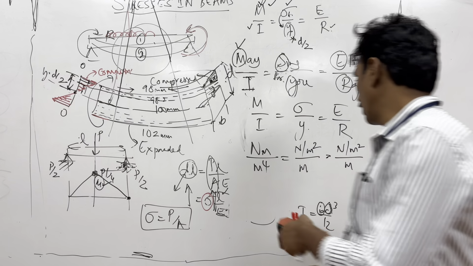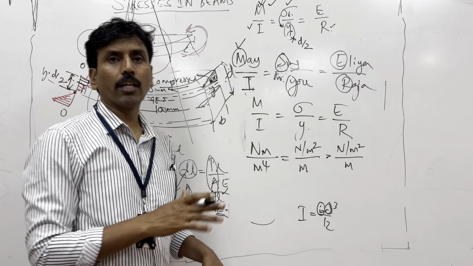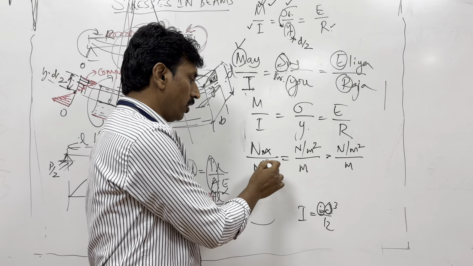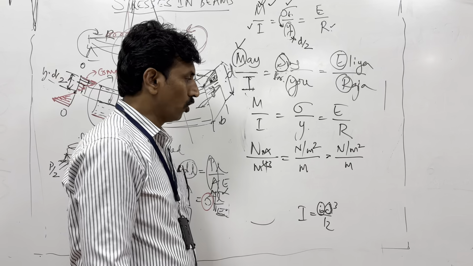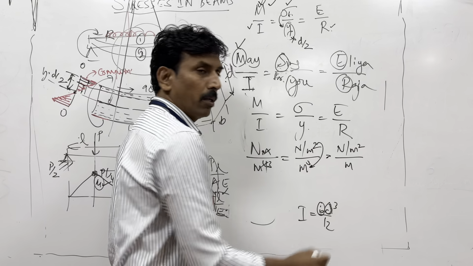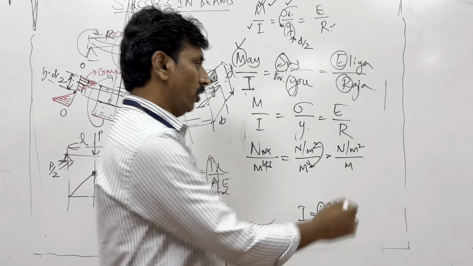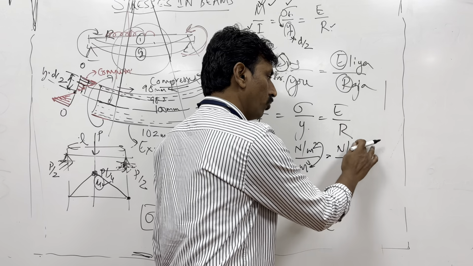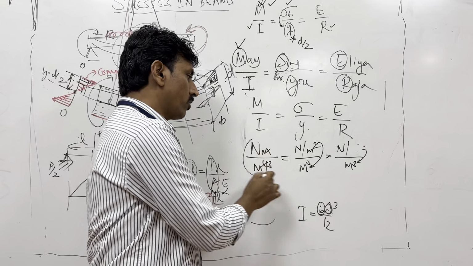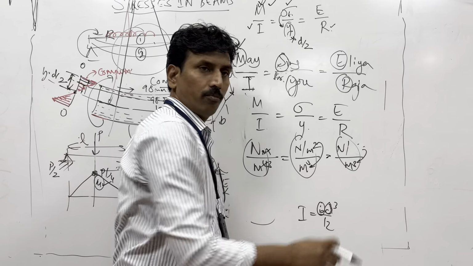Okay, now if you see, the units are consistent. This meter goes off. You can bring this here, it becomes meter cube. You can bring this here, it becomes meter cube. Okay, so all of these have the same units.